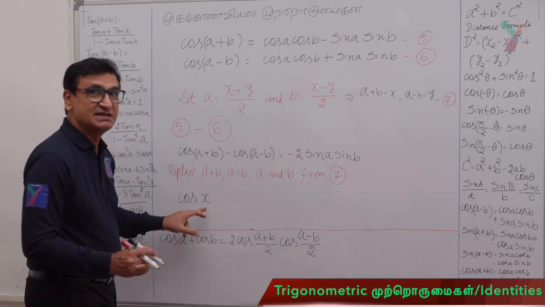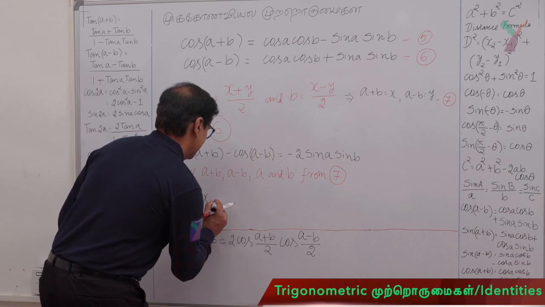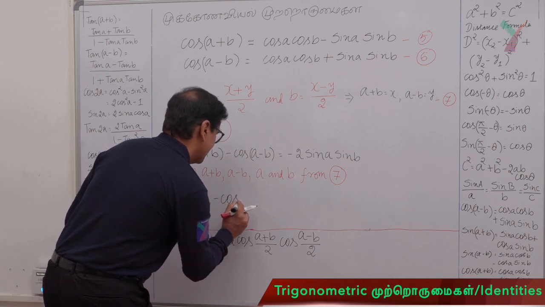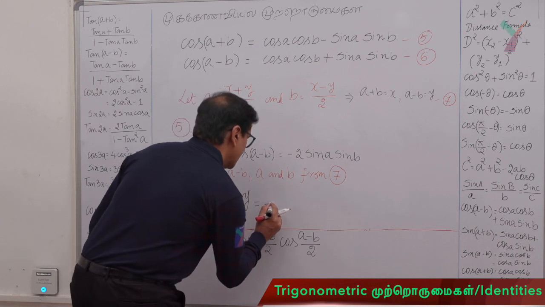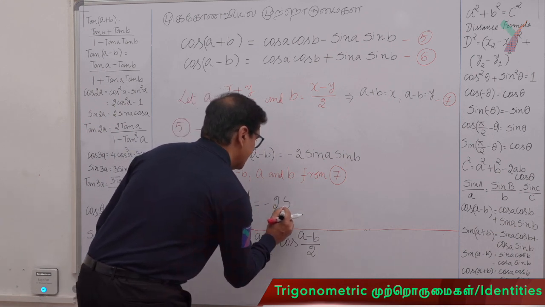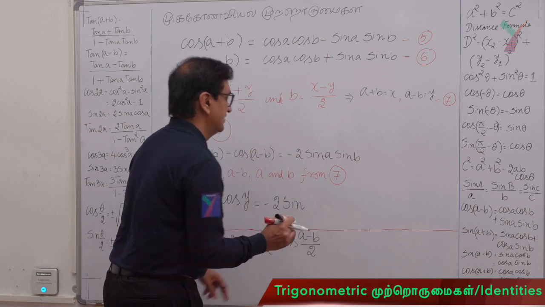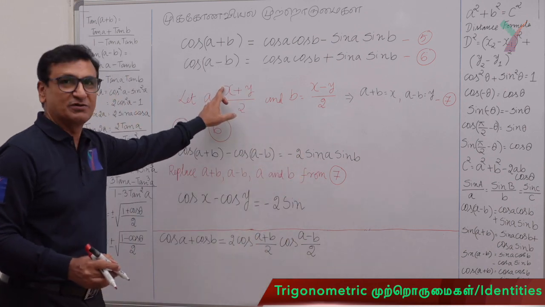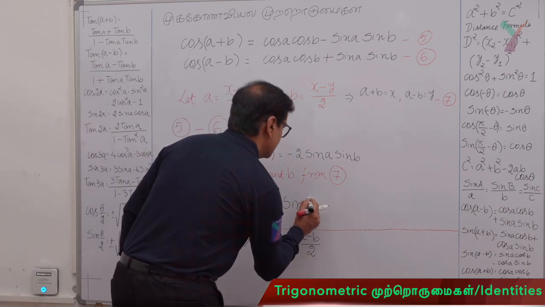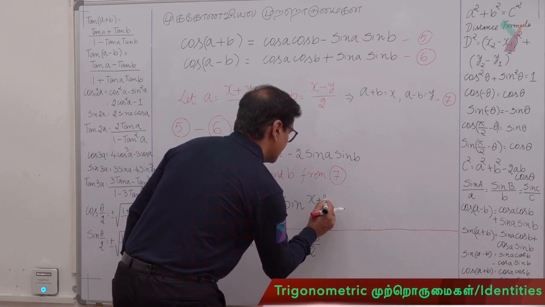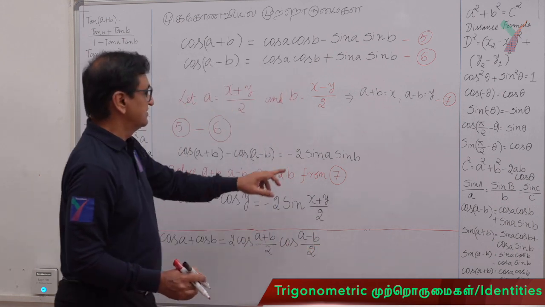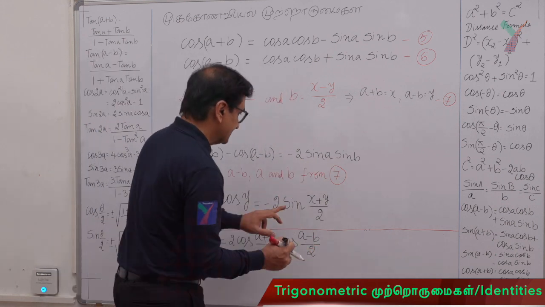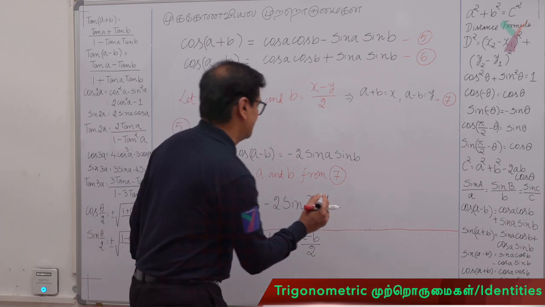So cos x minus cos y equals minus 2 times sin of (x plus y) by 2 and sin of (x minus y) by 2.